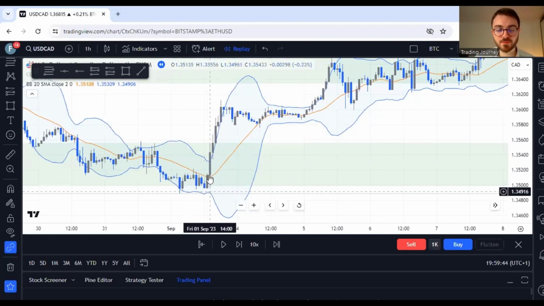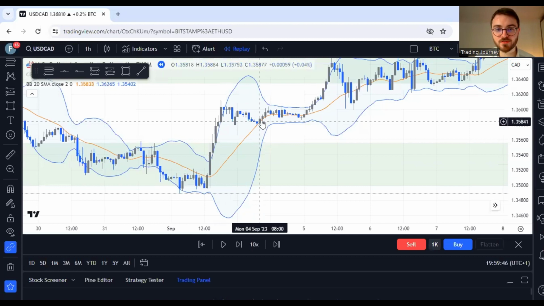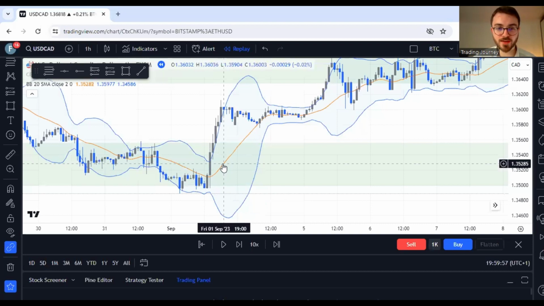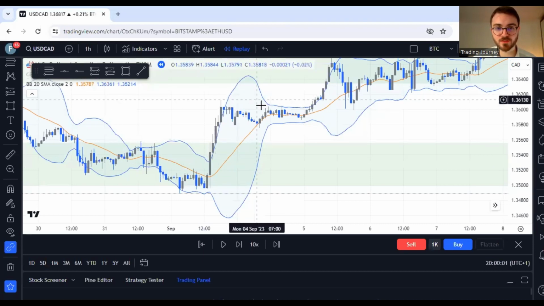And the lower band is basically this same standard deviation that we have measured, for example, here when we have a lot of distance from the moving average. This distance is calculated with a standard deviation, and we add that to get the upper band, and we subtract it from the moving average to get the lower band.